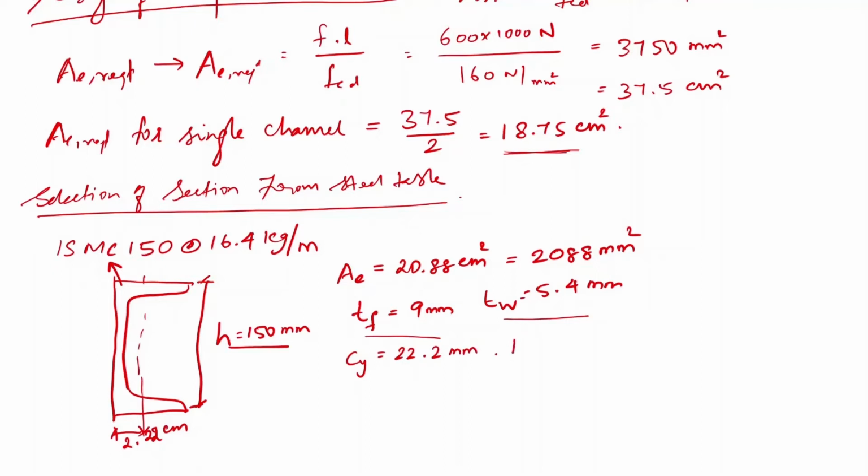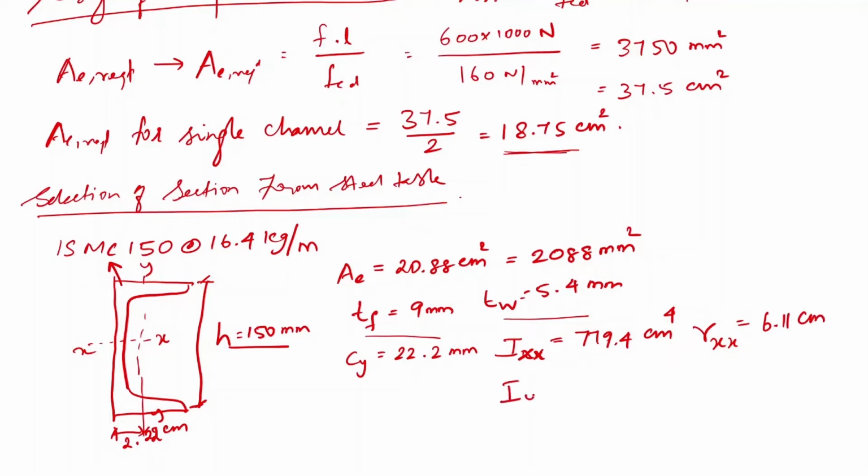Then moment of inertia about the XX axis. Let me write this as small xx because this is the single channel's moment of inertia, small xx and small yy. So small xx is 779.4 centimeter to the power 4, and radius of gyration about the small xx axis is 6.11 centimeter.